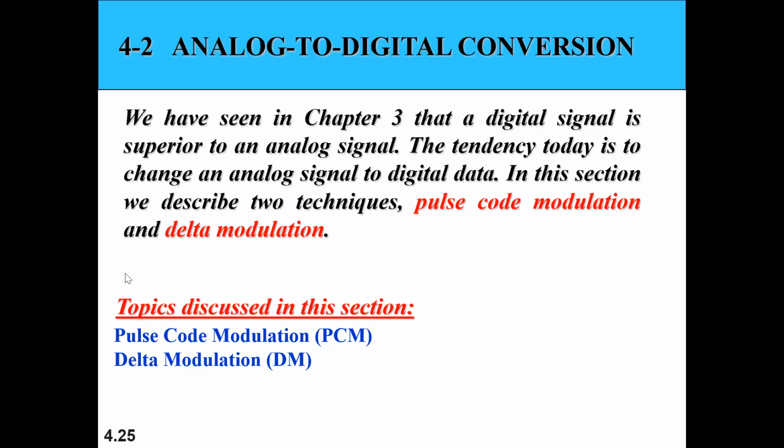Delta modulation is not there according to our syllabus, so we will not talk about it. Whereas pulse code modulation is very important, and it has been asked many times in examinations also. That's why I concentrate on this topic. So this is the pulse code modulation technique, PCM, that we'll be talking about. This is used for analog to digital conversion.